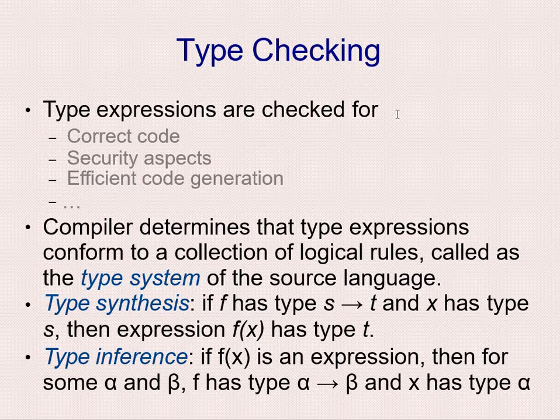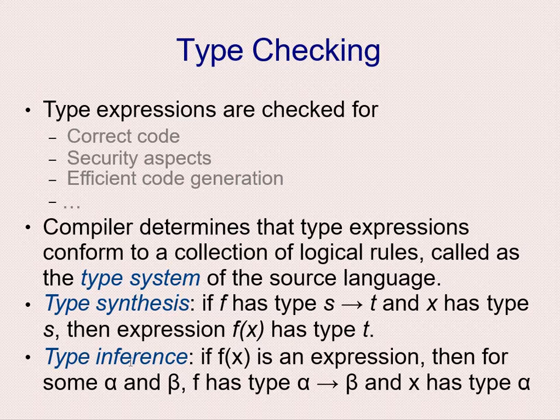Type expressions are checked for correct code, security aspects, and efficient code generation. The compiler determines that type expressions conform to a collection of logical rules called the type system of the source language. In type checking, there are also type synthesis and type inference. Type synthesis: if f has type s determining t, and x has type s, then expression f(x) has type t.